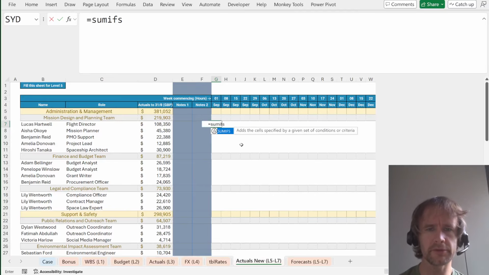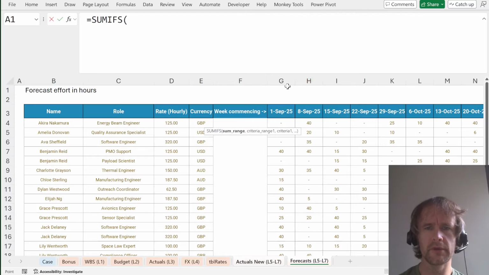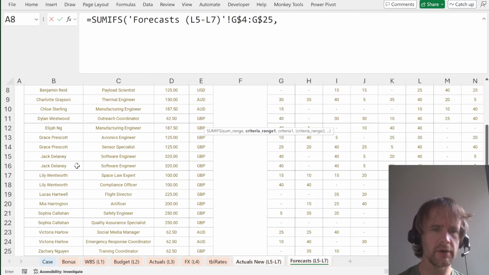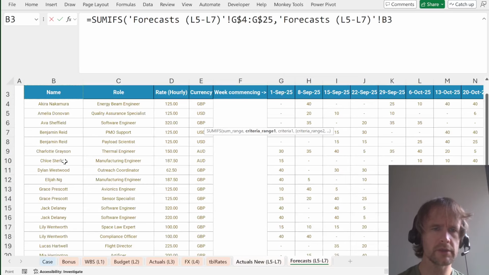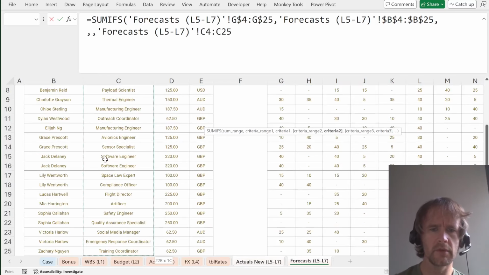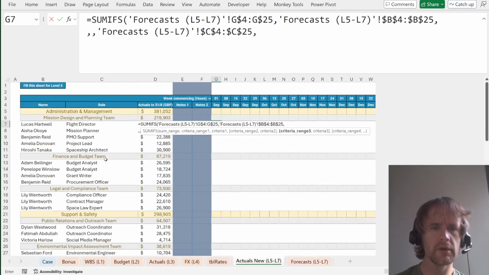So let's do some ifs. So we're going to sum this column locked vertically, so it'll move across when I copy, where this column locked fully is something, and this column locked fully is something.